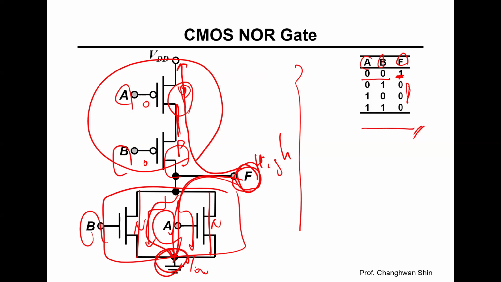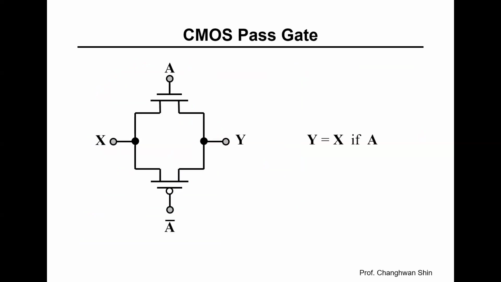Okay. All right. Now let's take a look at the CMOS pass gate this time. So the CMOS pass gate represents a different type of circuit element, a controllable switch rather than a logical gate. So in its simplest form, a pass gate allows a signal X to pass through to Y when the control signal A is active.